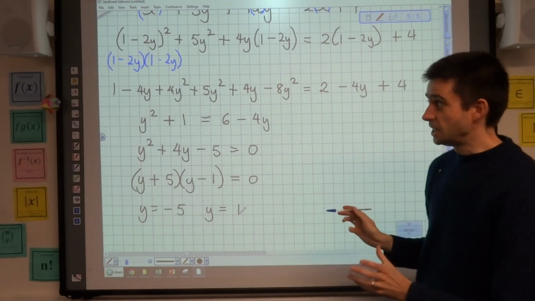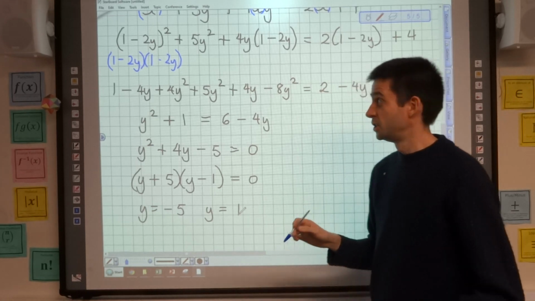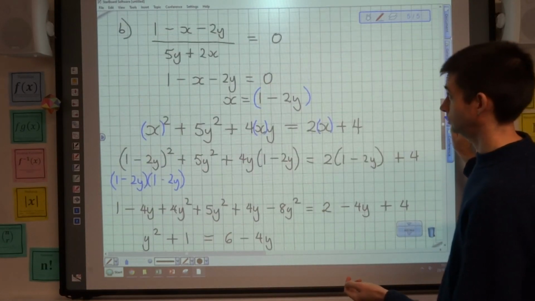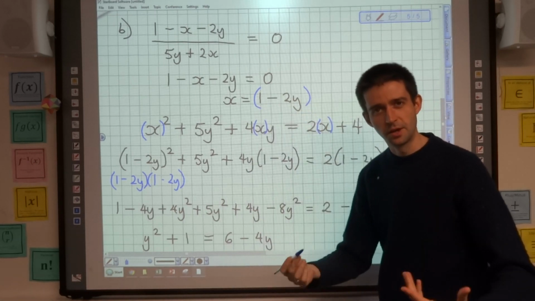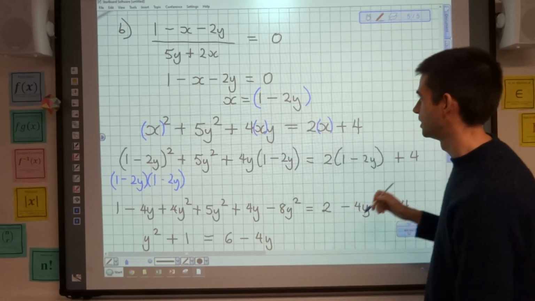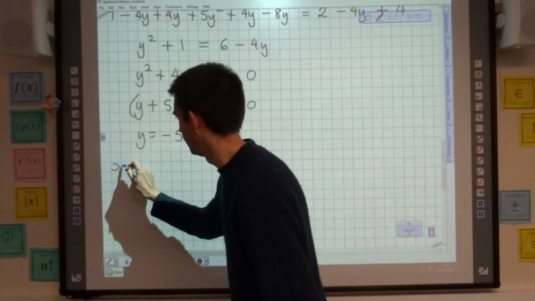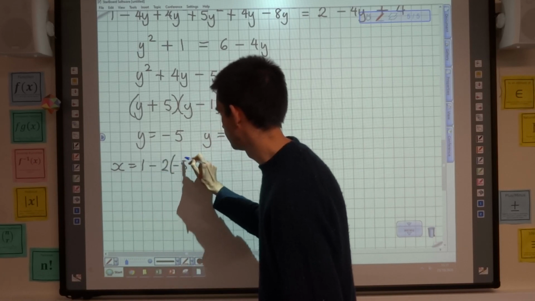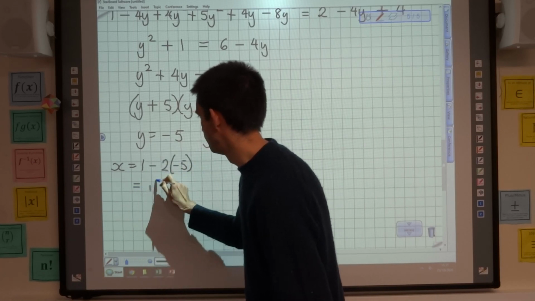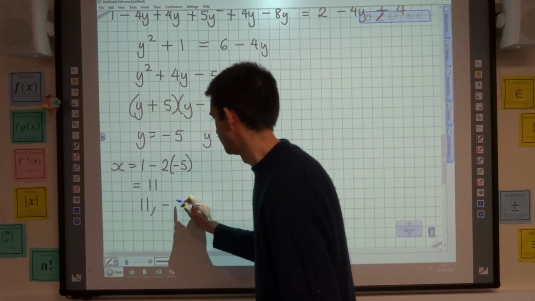Now, I need to substitute back in to find x, and it's important that I put it into this form of the equation here, and there's two reasons for that. The first one is it's more straightforward, so let's just do that to begin with. So for this coordinate here, x is going to be 1 minus 2 lots of negative 5, which is 11, which gives us a coordinate of (11, negative 5).